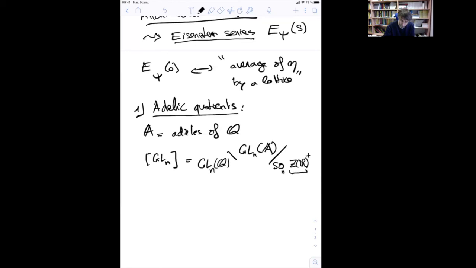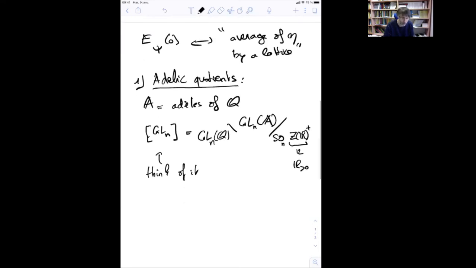So this is just the positive reals embedded in the center. It's a bit false what I will say, but you should think of it as something like the quotient X over gamma, but taking the limit over all congruence subgroups gamma in SL_n(Z). So in this packet, you have all these quotients at once.